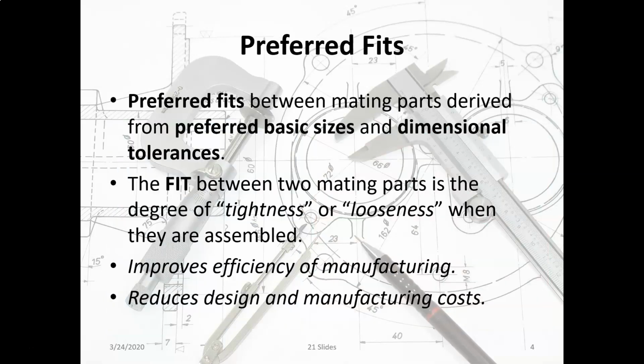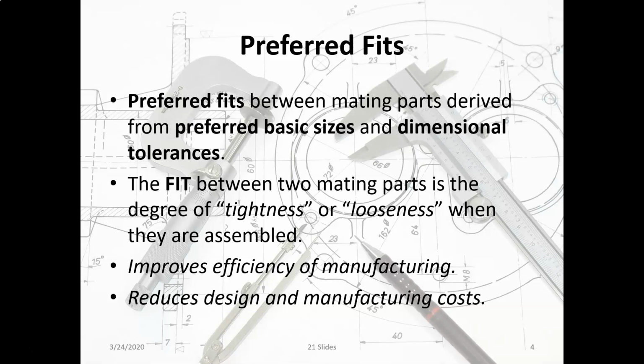Okay, this led to the need for a determination of standard fits. Once you have a standard hole size and a standard shaft size, the shaft goes into the hole, and we need to standardize the fit between those two parts. So when we talk about fit in this case, we're talking about the fit between a shaft and a hole. We characterize that fit by whether it is tight or loose.